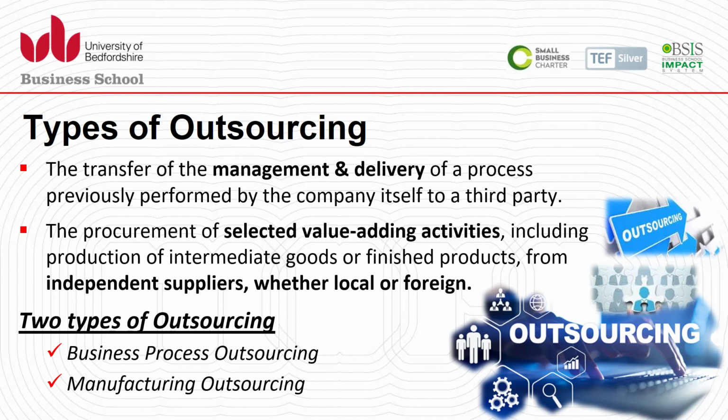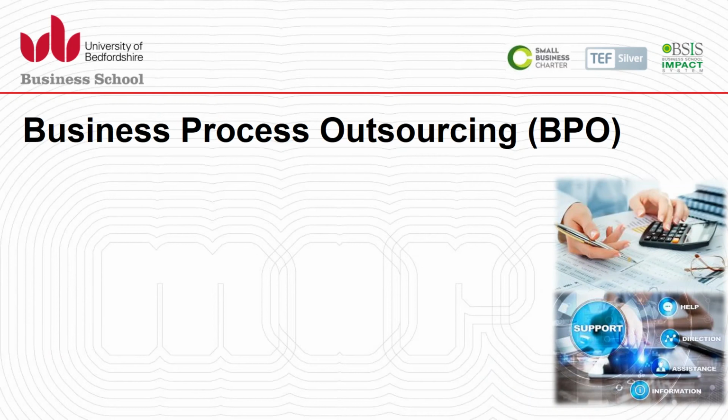So it is again owned, the asset, by the company, or it is owned by the third party. So that's basically the outsourcing and offshoring. And again, it can be either providing just the business process or also the manufacturing of the complete product to be done by third party, that through outsource.